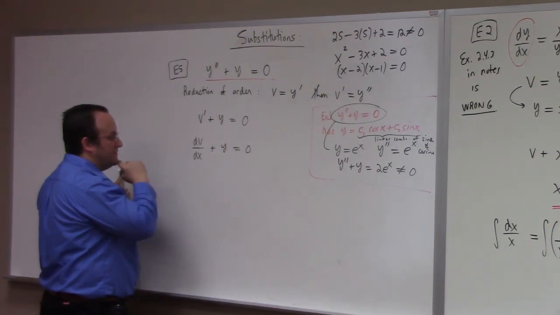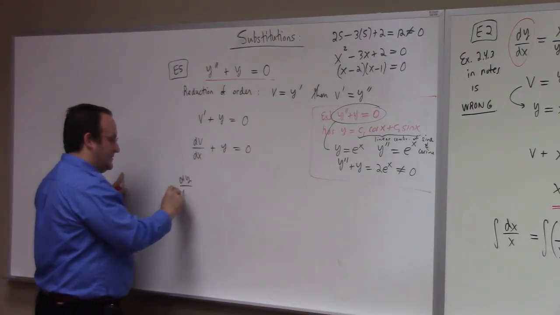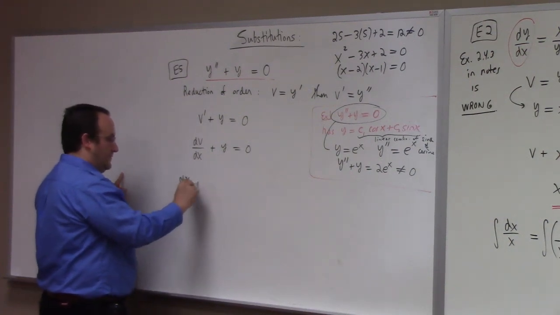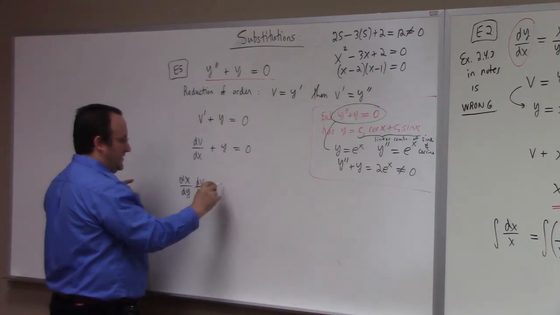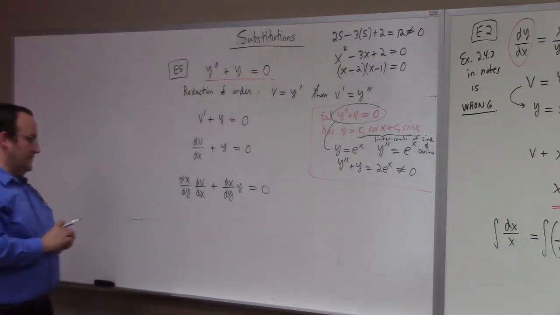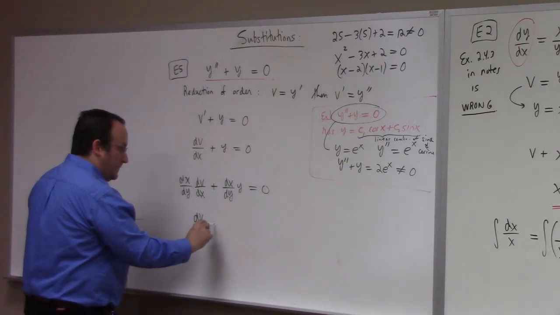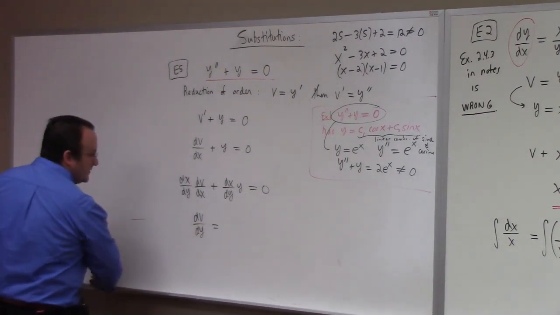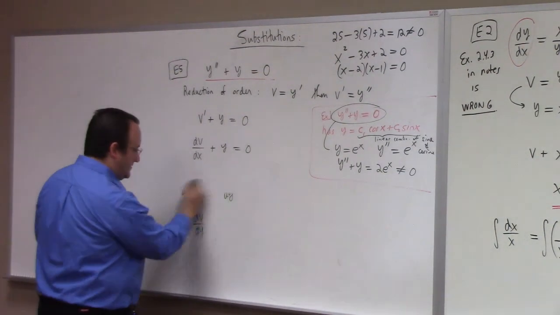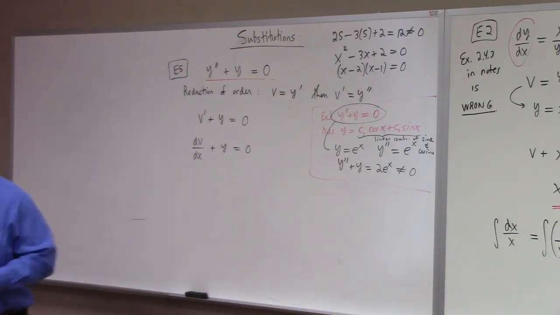What if I say dx dy, dv dx plus dx dy, y equals 0? Then we could think of like a chain rule, basically. This would give us dv dy equal to, oh, but that's still, no, I still got x prime. Man, how do I do this one? I forgot.